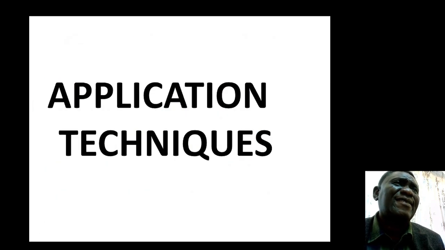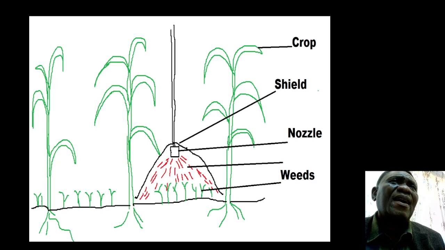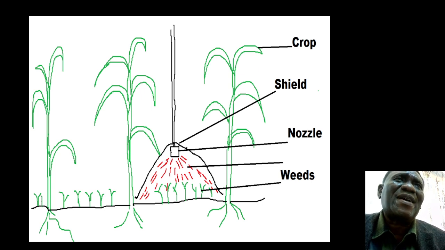Application techniques. We can use shields to protect our crops from the herbicide effects. For this to work properly, there should be a difference in height between weeds and the crop.